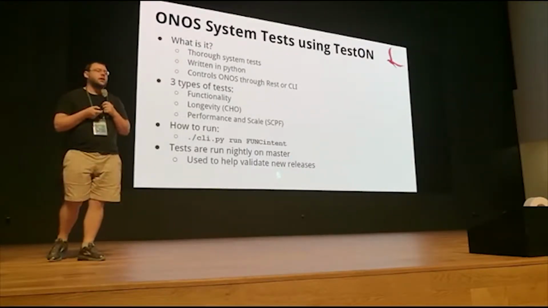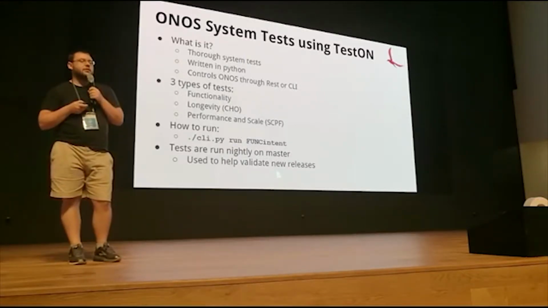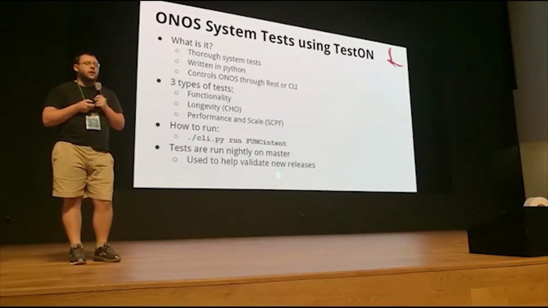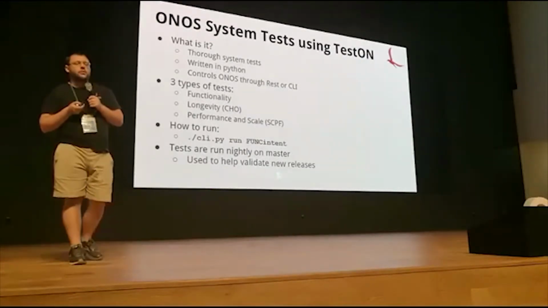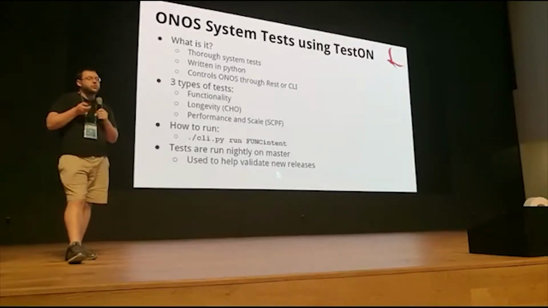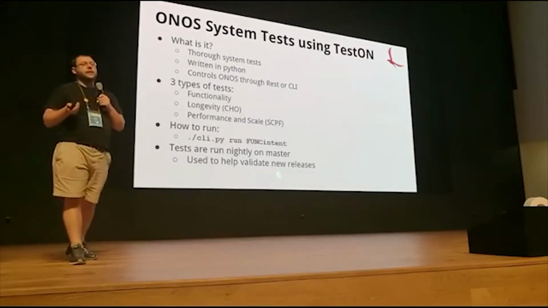Next we have ONOS system tests using TestON. These are some more thorough system tests. They're written in Python, so it's a little easier to verify some of the output. It controls ONOS through REST or CLI.